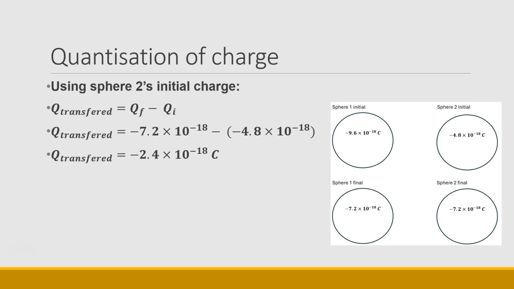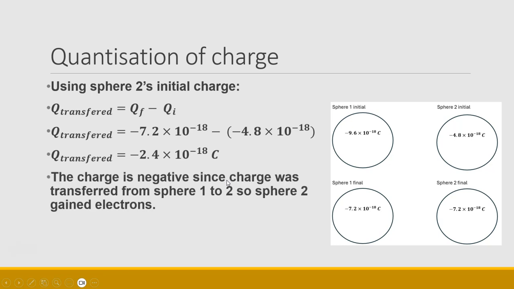Now we're going to get the same number of coulombs, but in this case it will be negative, and that makes sense because sphere 2 received electrons from sphere 1, so it gained electrons. But regardless, the total charge that was transferred is the same value. Again, it is negative because sphere 2 gained electrons.